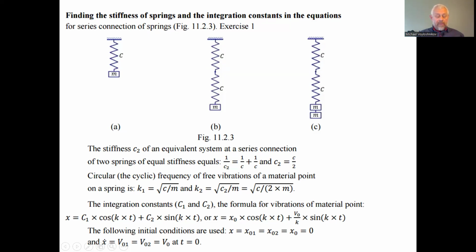The initial velocity will be equal to v0 at the same time moment.